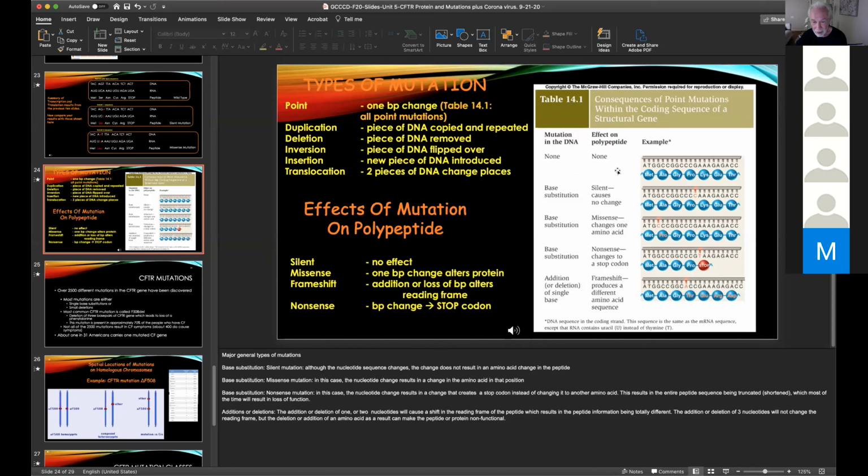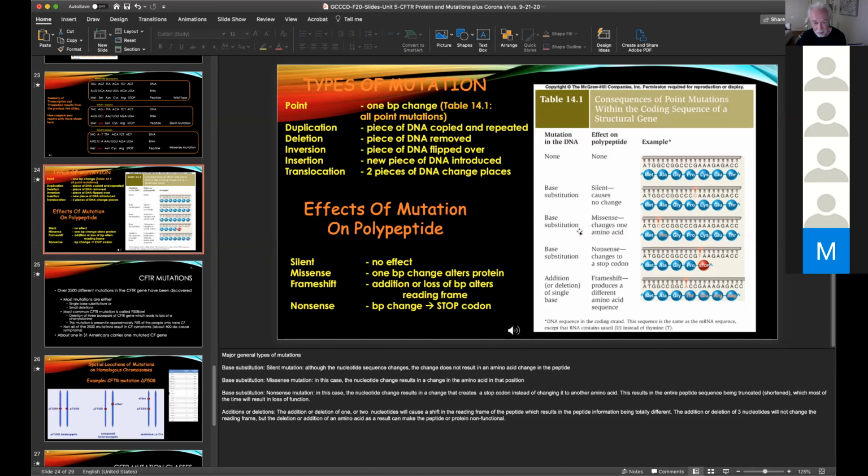This diagram to the right here illustrates these things. If there's no mutation, you see the amino acid sequence. There are 3 different base substitutions here. The first one is silent, where the DNA changes, but the peptide doesn't.